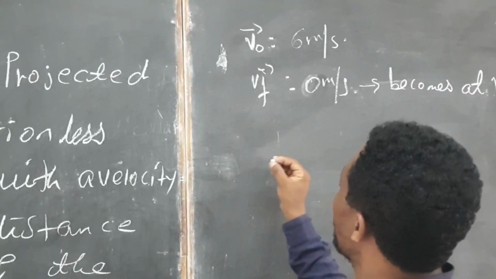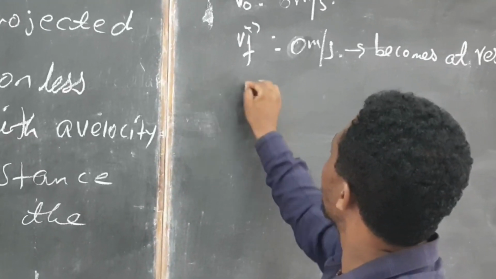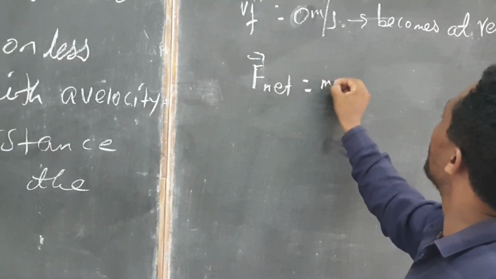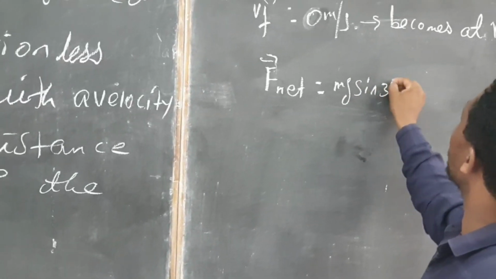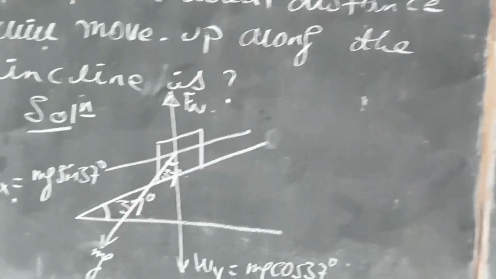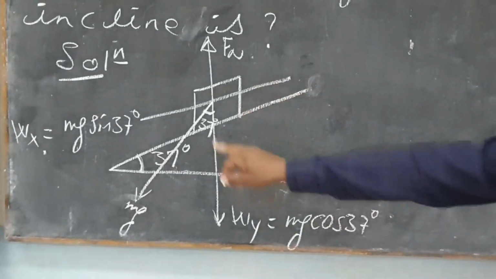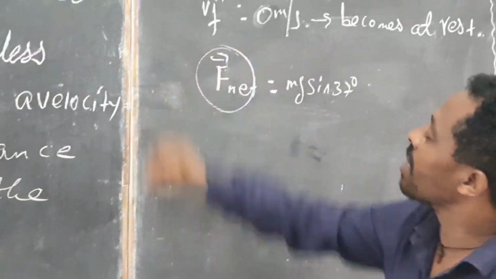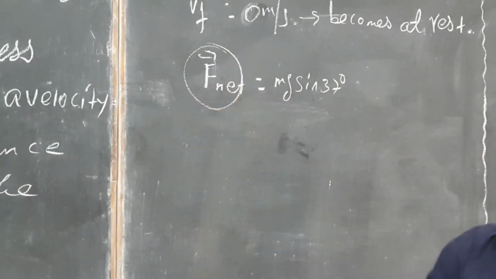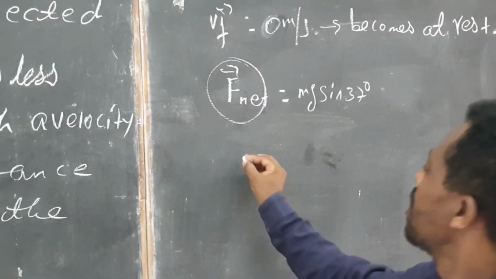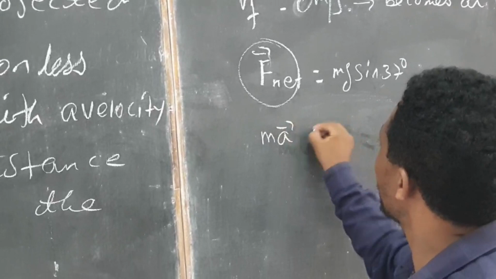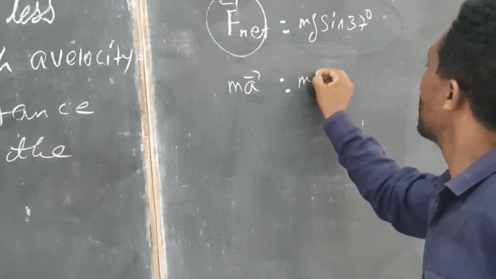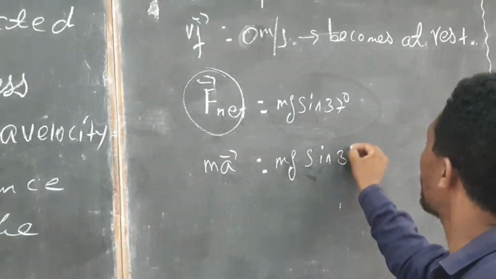To do so, we have to find the net force acting upon the object, that is mg sine 37 degrees only. No frictional force, no applied force other than mg sine 37 degrees. According to Newton's second law, the net force is the mass of the object times acceleration, which is equivalent to mg sine 37 degrees.